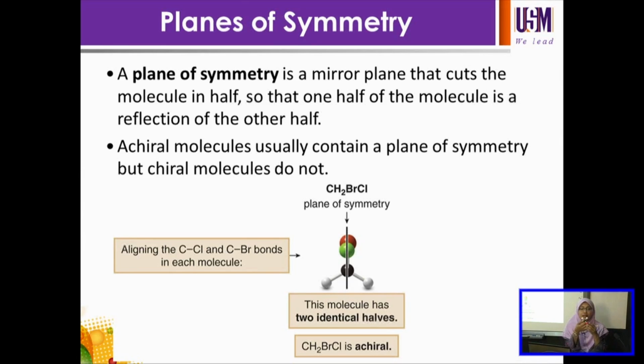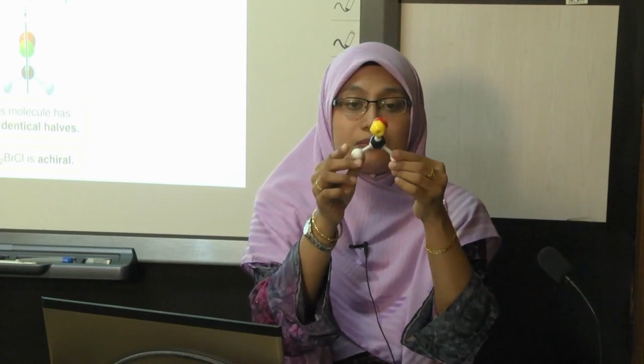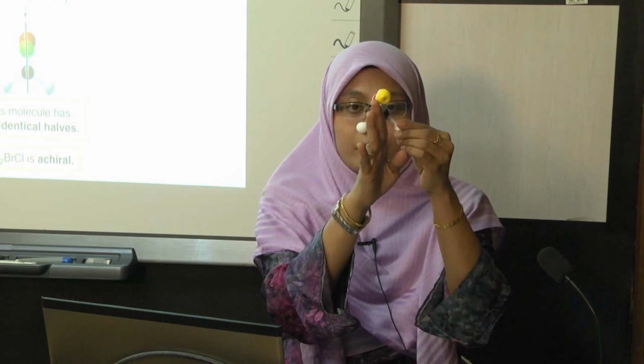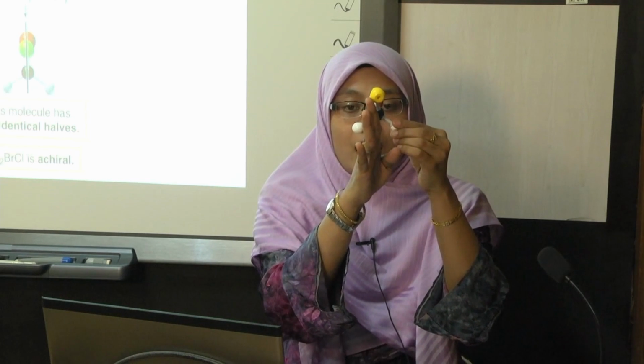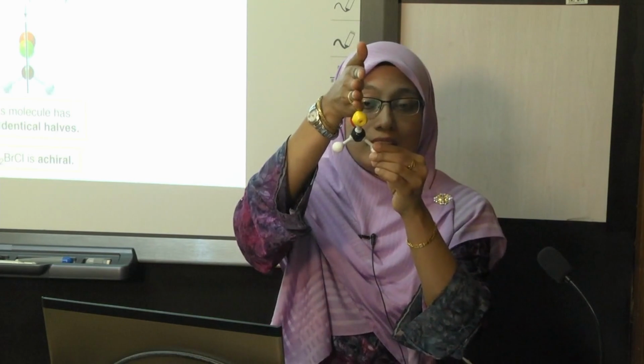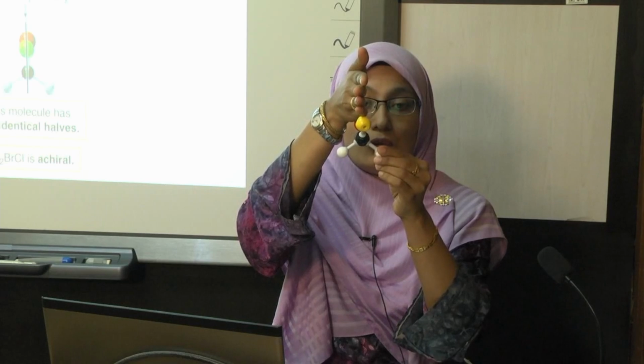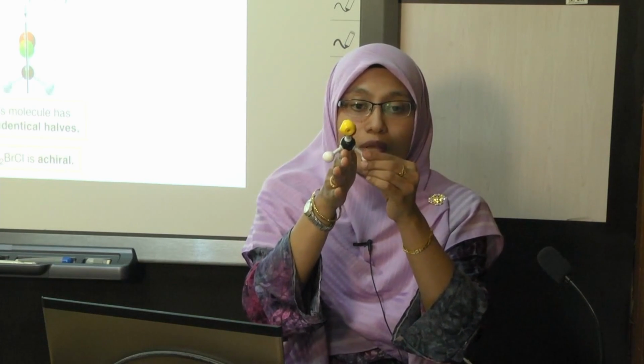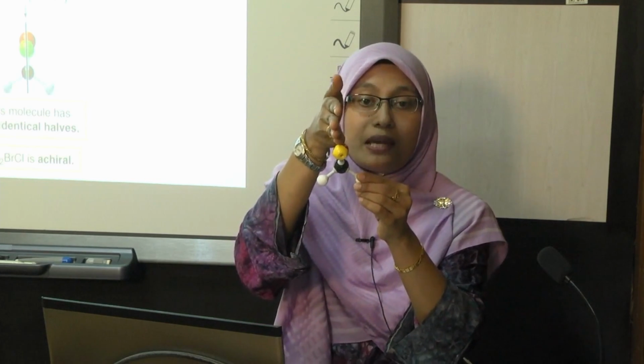Let's say here I have this 3D molecule. What we can do is place a plane of symmetry in the middle, between this bromine and chlorine. When I place a mirror in the middle of this molecule, I have a reflection of these 2 hydrogen atoms that are aligned to each other. So this is what we call a plane of symmetry.